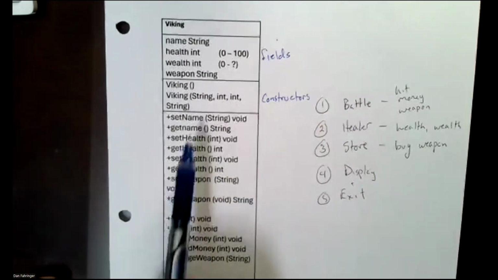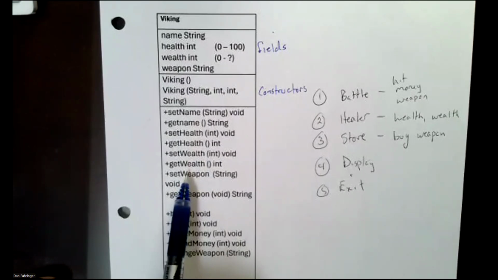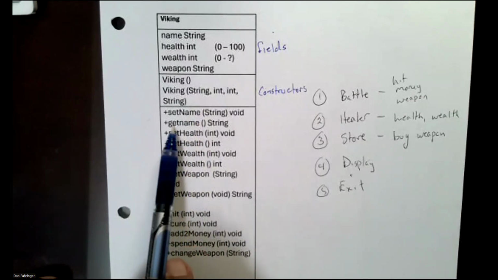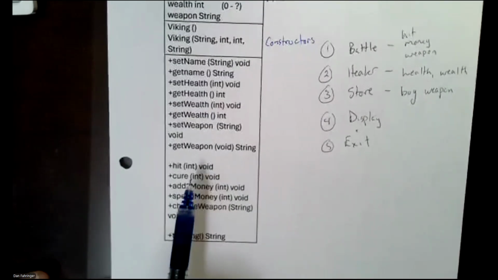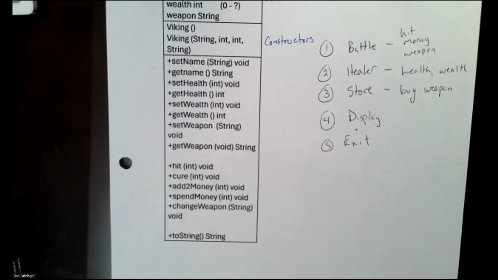I have a bunch of methods, my sets and my gets. My accessors are the gets, my mutators are the sets. And I have a bunch of other methods, and finally, I have the toString. Nothing's going in, the return type is a string.